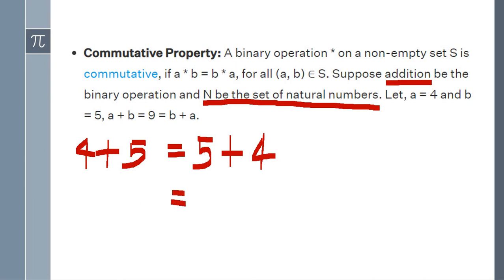So, 4 plus 5 is 9, and 5 plus 4 is still 9. Meaning commutative ang binary operation. We have to check that 4 is a natural number, 5 is a natural number, and the sum 9 is a natural number. So, commutative ang binary operation, which is addition.